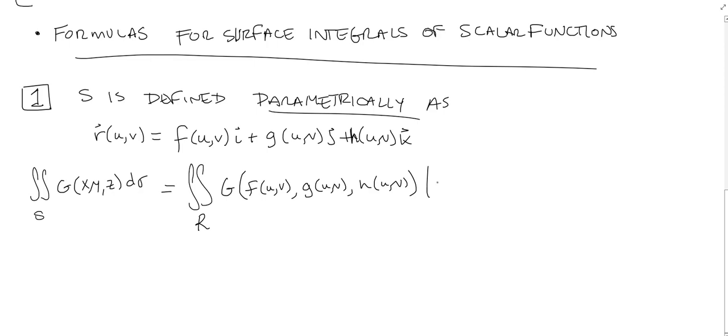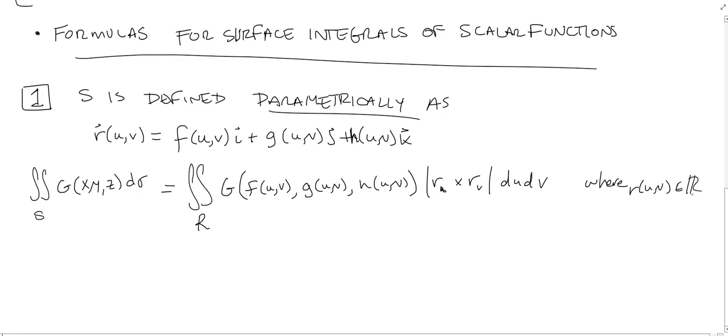Then our surface area differential from before is the partial derivative of r with respect to u, crossed with the partial derivative with respect to v. Cross that, find the magnitude, and then du dv. Here r of u, v belongs to the real numbers.